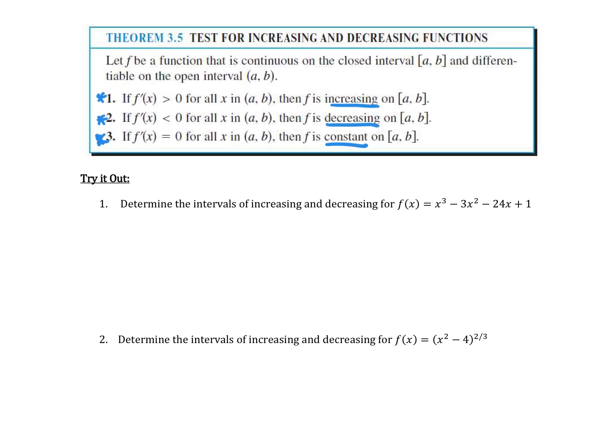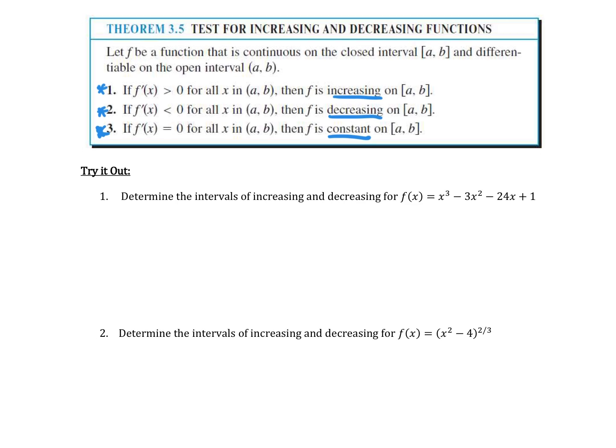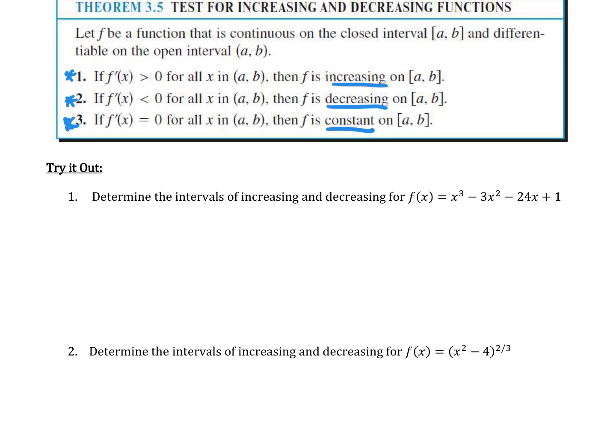So let's find the intervals of increasing and decreasing here for this function. f of x equals x cubed minus 3x squared minus 24x plus 1. So we need to start by finding our critical values. That means we need to find our derivative. So the derivative here is going to be 3x squared minus 6x minus 24.